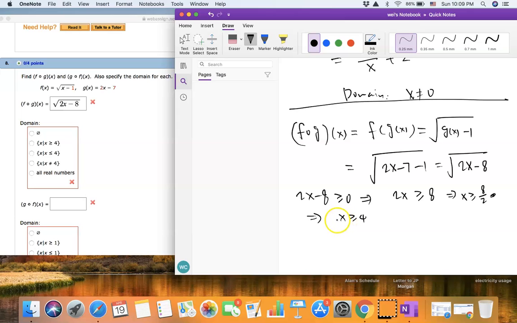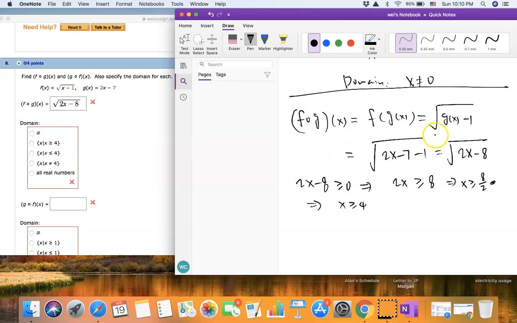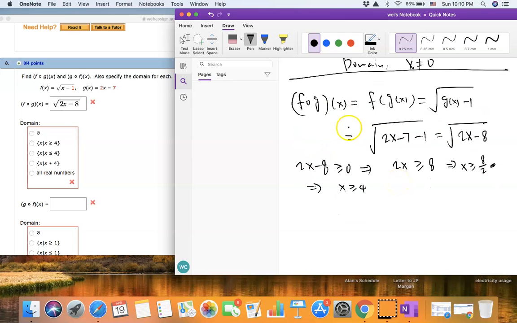So as long as x is greater than or equal to 4, we will guarantee that this piece 2x minus 8 will be positive or 0. Therefore, the function is defined. So the domain of this function is x greater or equal to 4.